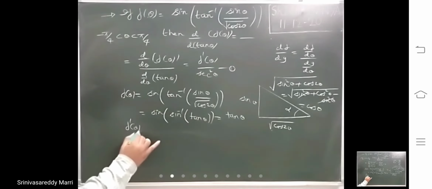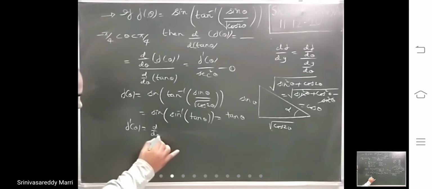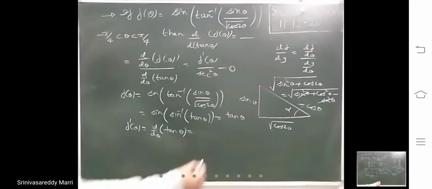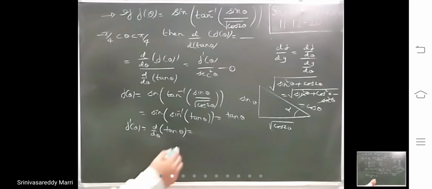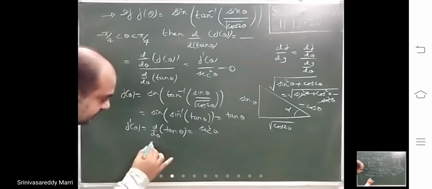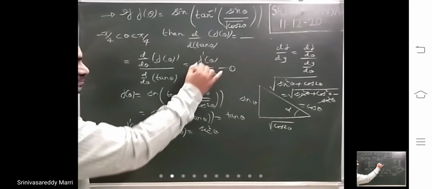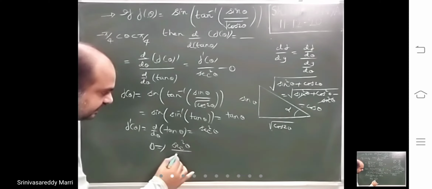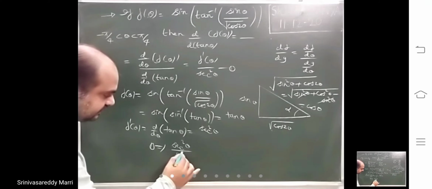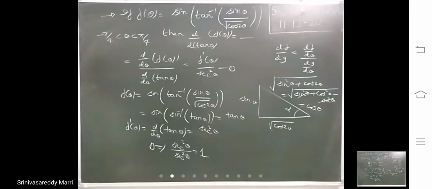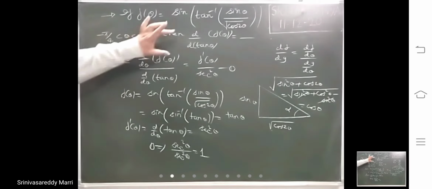Therefore f dash theta is nothing but d by d theta of tan theta. As it is in theta, d by d theta of tan theta, so therefore secant square theta. So 1 implies what do you require? Secant square theta divided by secant square theta. So your answer is what? 1, like that. This is indirectly the derivative of one function with respect to another function, indirectly given.